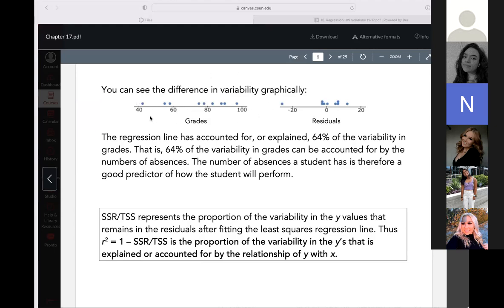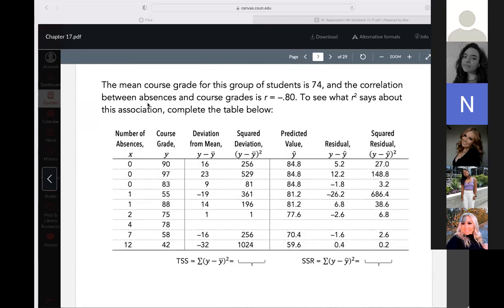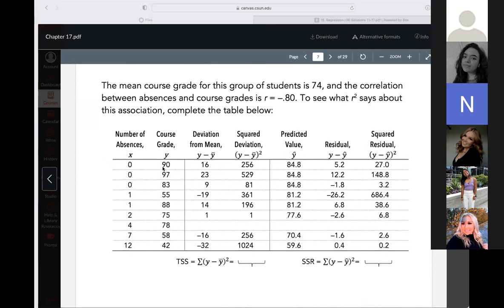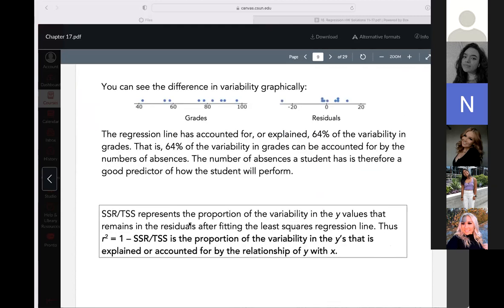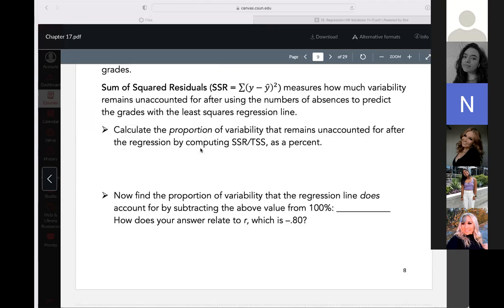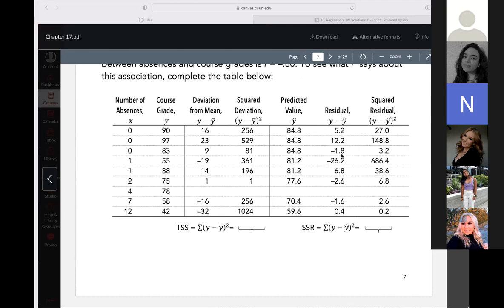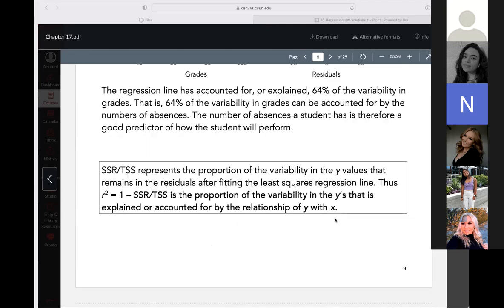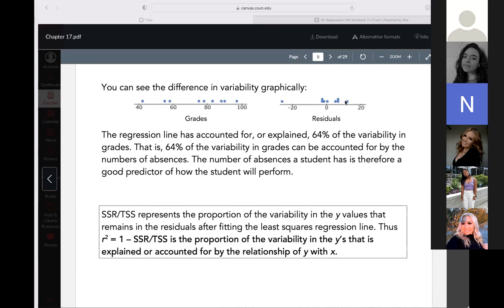The grades themselves spanned, as you can see, from a 42 to a 90. So if I make a dot plot of the grades, they're kind of everywhere from 42 to 90. This is their dot plot. If I do the residuals, on the other hand, most of the residuals are pretty small. So if I do a dot plot of the residuals, most of them are near 0.